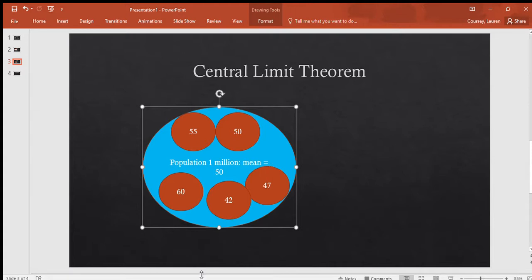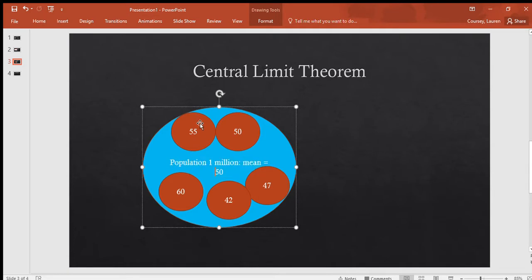Now, if we collect repeated random samples from this population, these random samples are only going to approximate these population parameters. So it's only going to approximate the population mean.